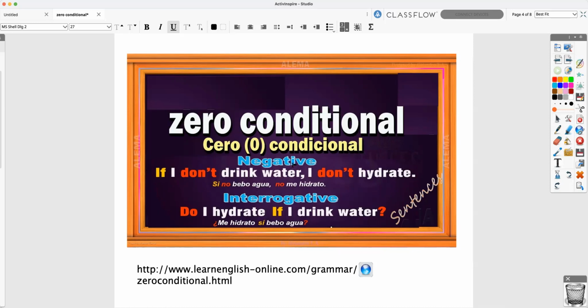So both sentences are in negative form. As we are talking about the I, that's why we are using do as the auxiliary, and the main verb is drink, beber, ¿sí? Si yo no bebo agua, pues no me hidrato.